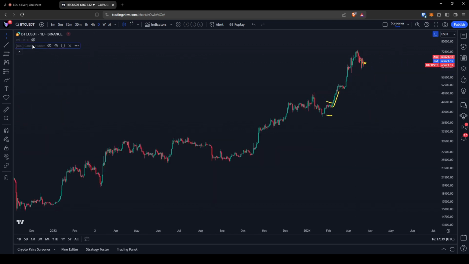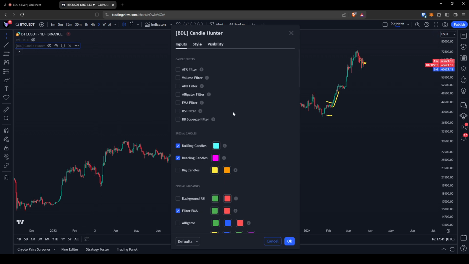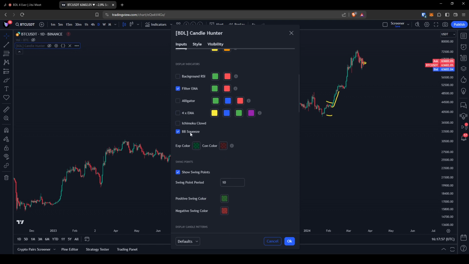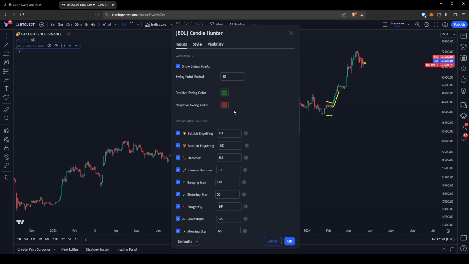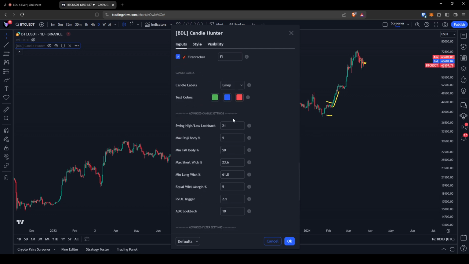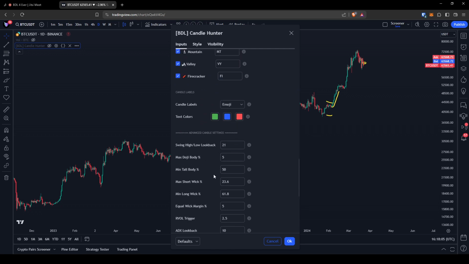All in all, we discussed the rest of our indicators. So the whole Candle Hunter is covered. It's a monster of opportunities, and you got a better overview of how these single options work here. And for the people that are very advanced, we have some extra settings down below.